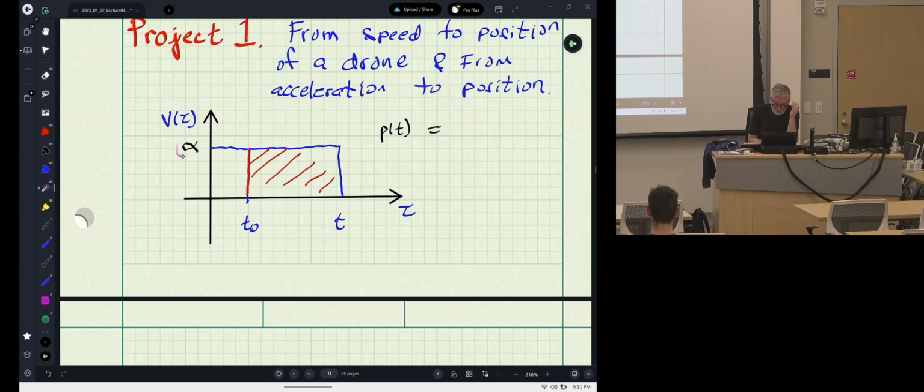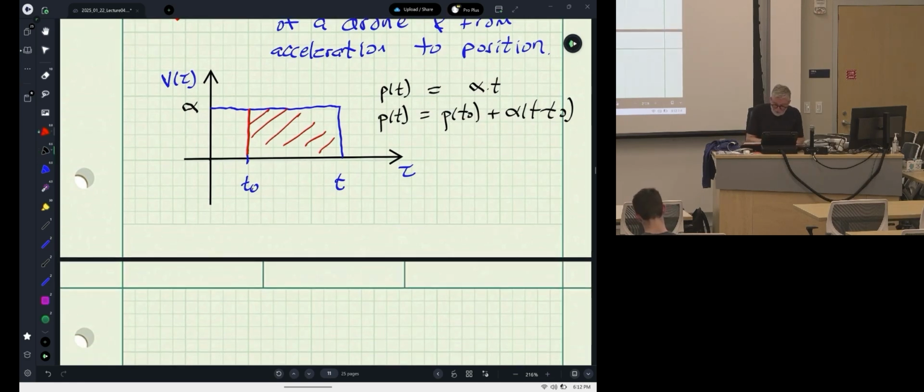I'm moving at a speed alpha. So the position is just alpha times t. And if I were to start at a time t0 with constant speed, so that's just basic high school physics, okay? So this is the initial position.